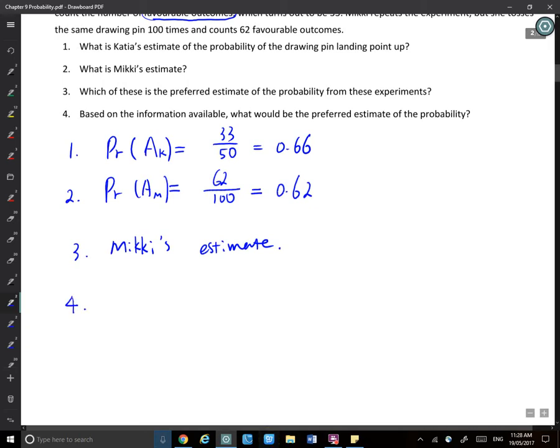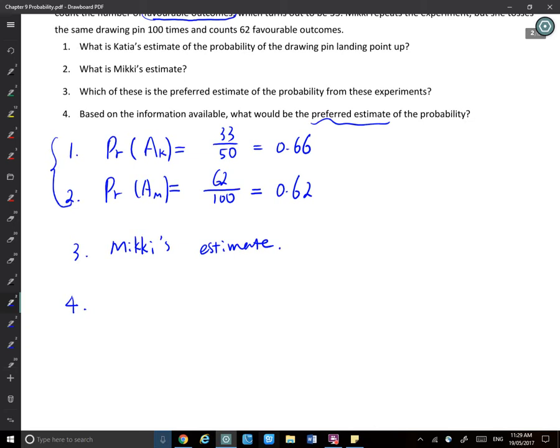Number 4. Based on all the information available above, what would be a more preferred estimate? Out of these two, the preferred one is 0.62.